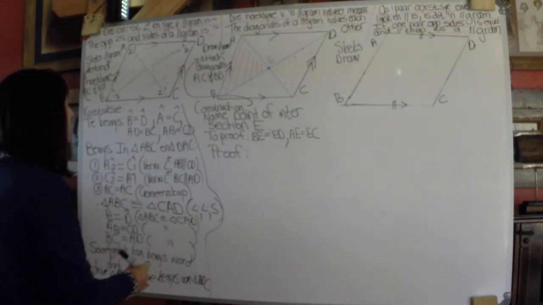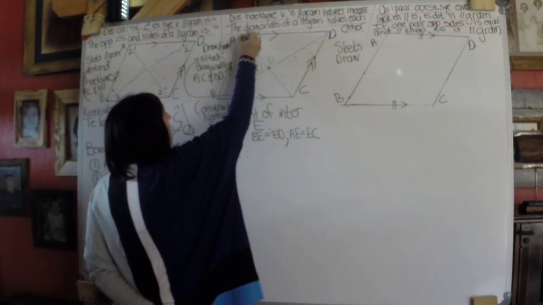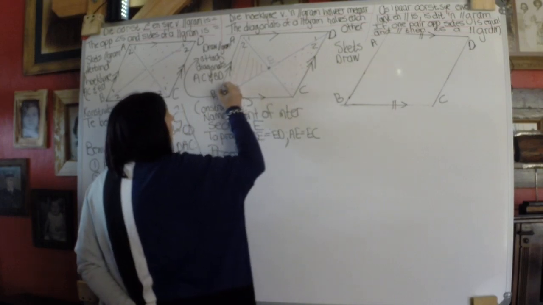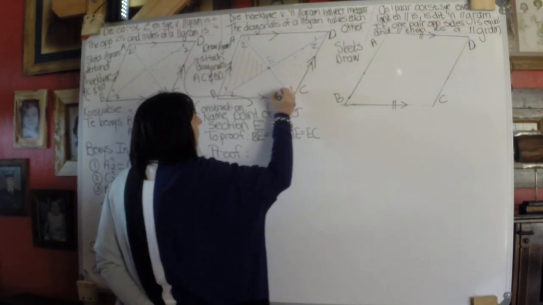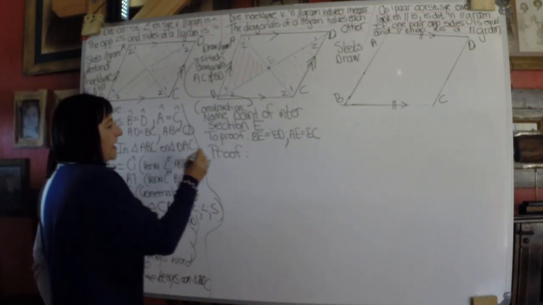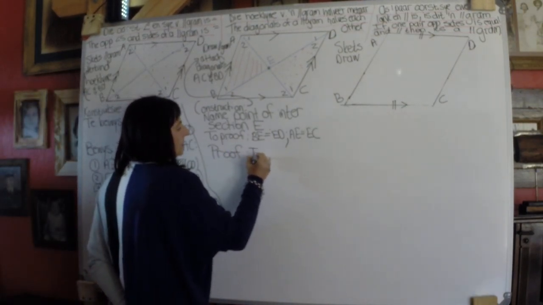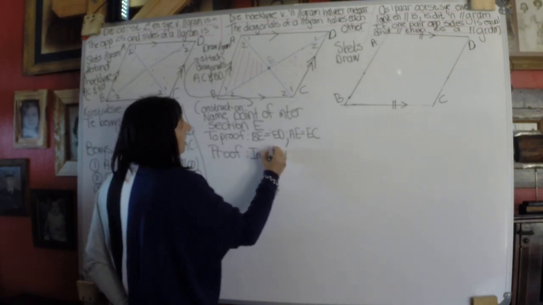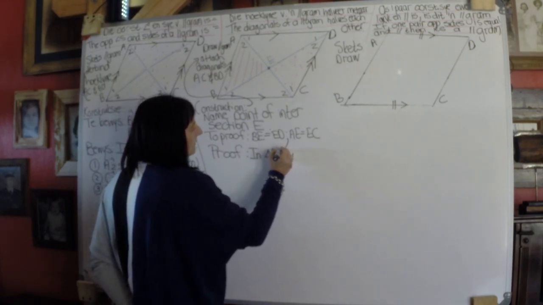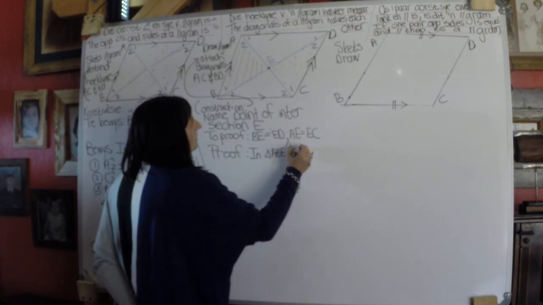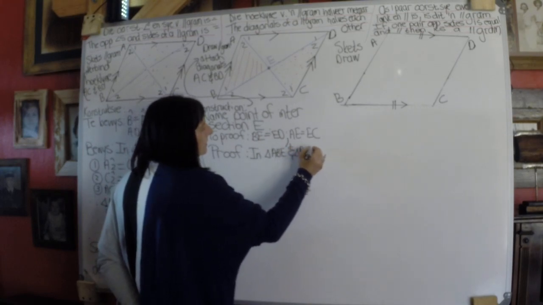Okay, let's name these angles again as 1, 2, 1, 2, 1, 2, and 1, 2. Now we're going to compare the 2 triangles and we're going to do congruency again. And now we're going to say in triangle ABE and triangle DCE.